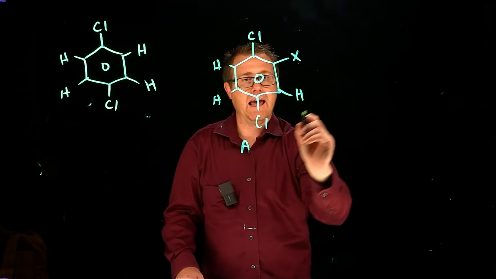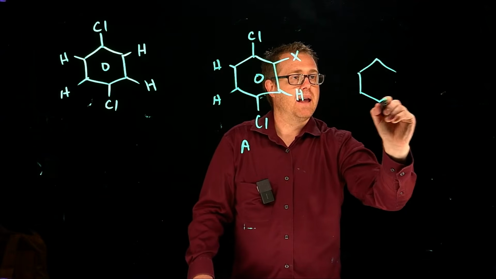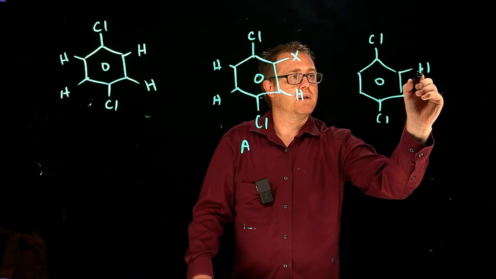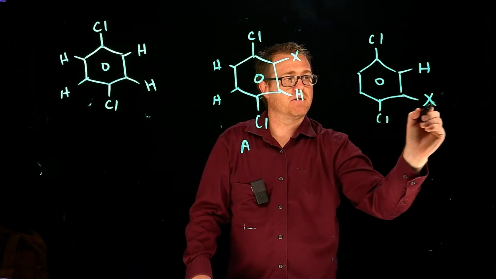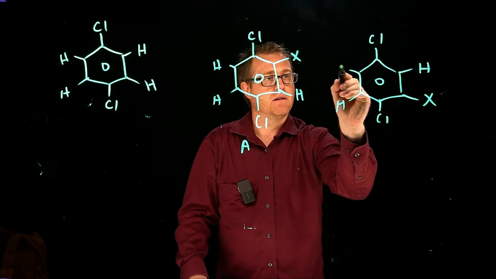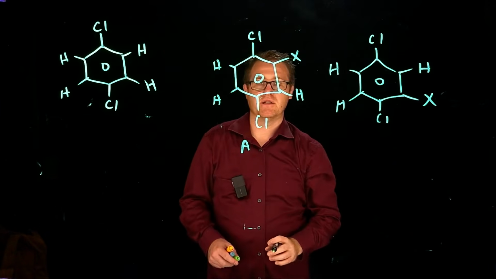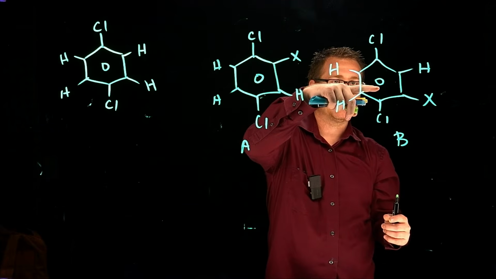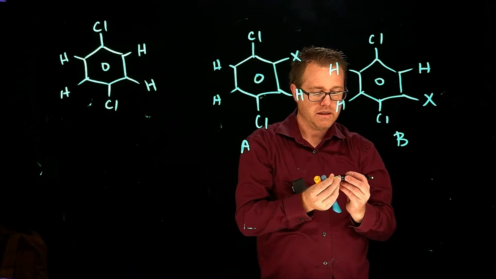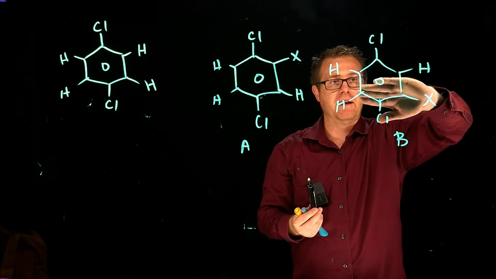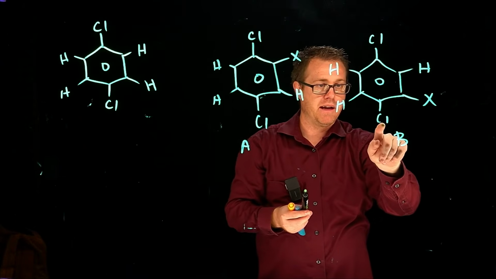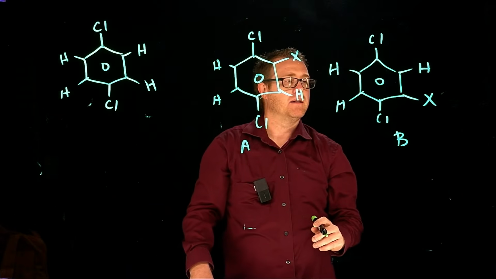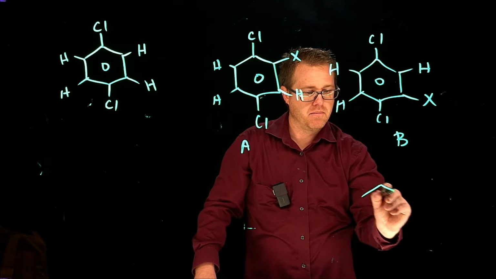So that's molecule A. Do it again. We will now replace this hydrogen with an X and ask ourselves, what's the relationship? So that's B. Do you see if I take this molecule, B, and flip it 180 degrees this way, bringing this chlorine up top, like that, what would we get?